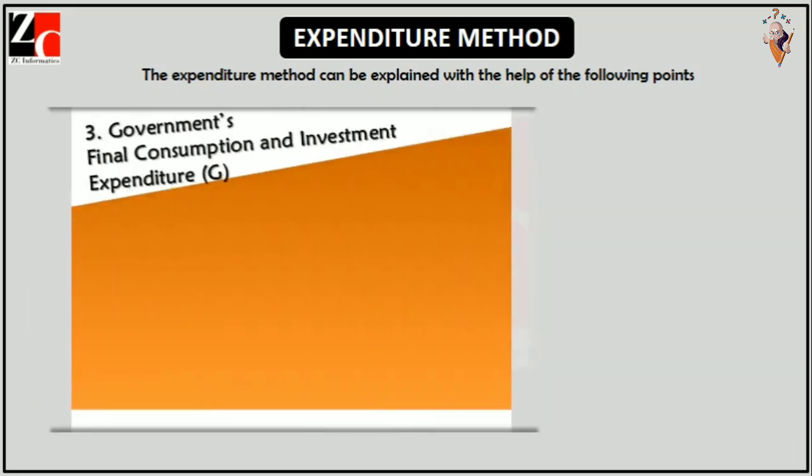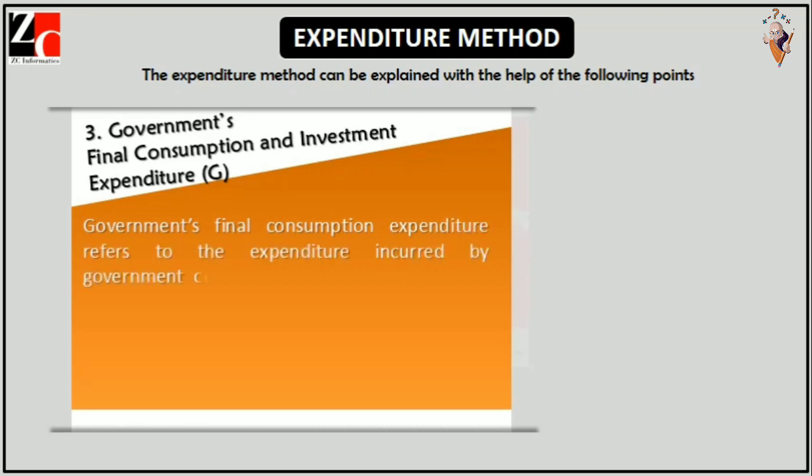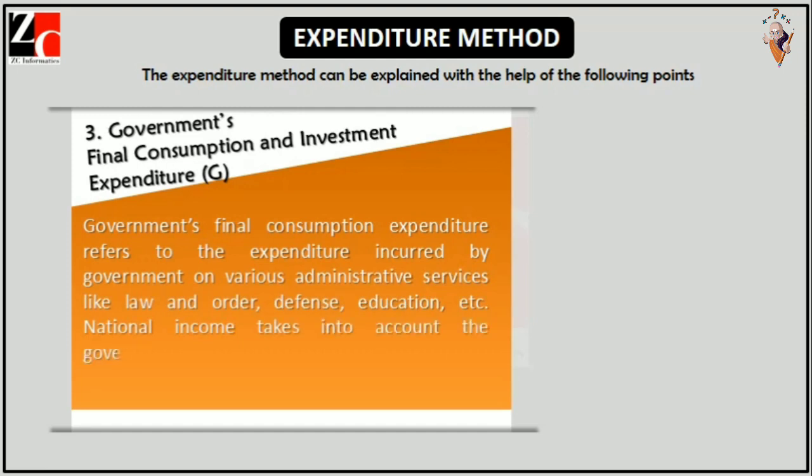Point number 3. Government's final consumption and investment expenditure. Government's final consumption expenditure refers to the expenditure incurred by government on various administrative services like law and order, defense, education, etc. National income takes into account the government's final consumption expenditure and investment expenditure.